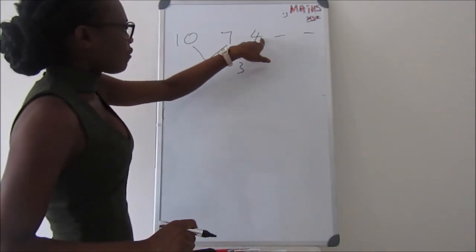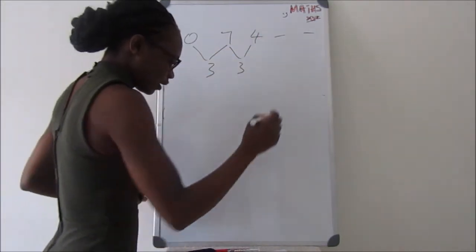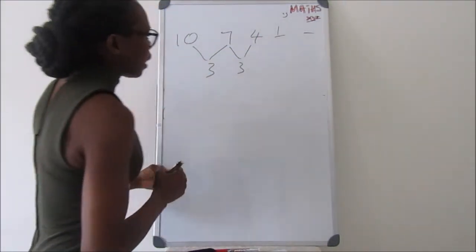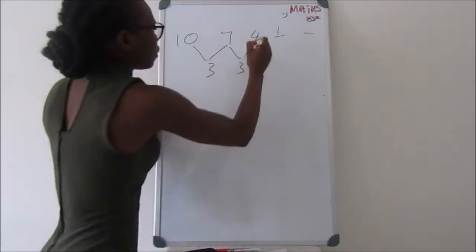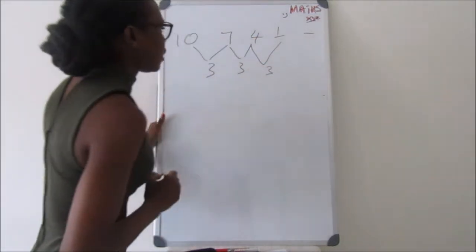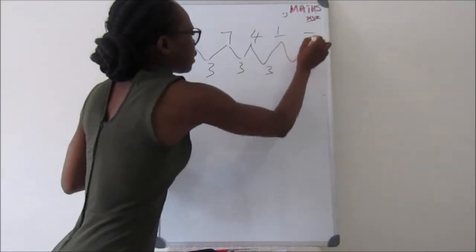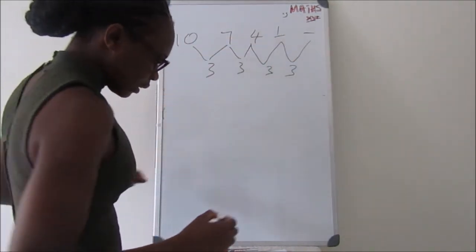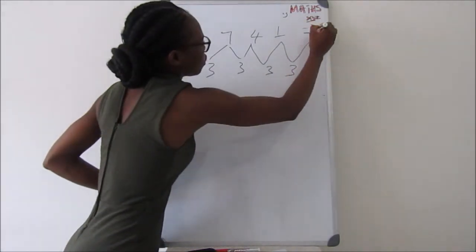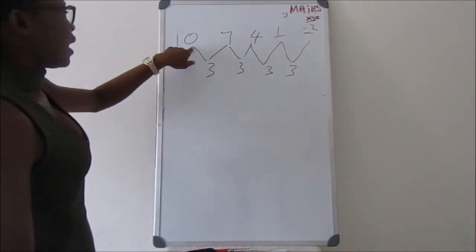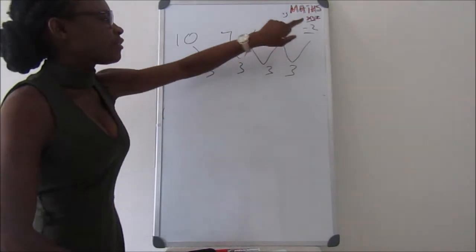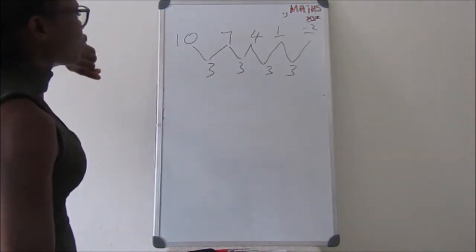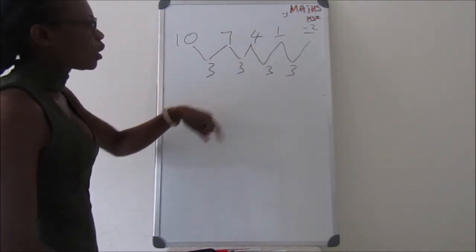So 4 minus 3 gives us 1. Let me make sure the difference is 3, and also here the difference is 3. So 1 minus 3 gives us negative 2. So we know that our pattern 10, 7, 4, 1, negative 2 is in descending order because it started high and it's going low.